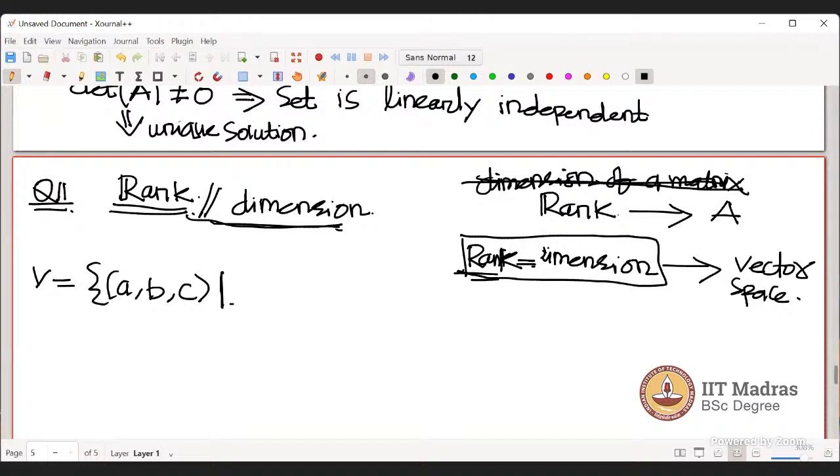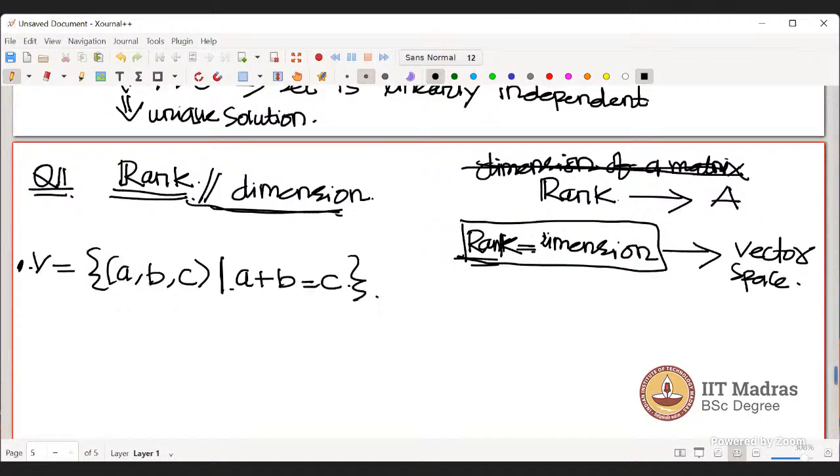The relation is a plus b equals c, right? Okay. So considering the usual addition, yeah, true.